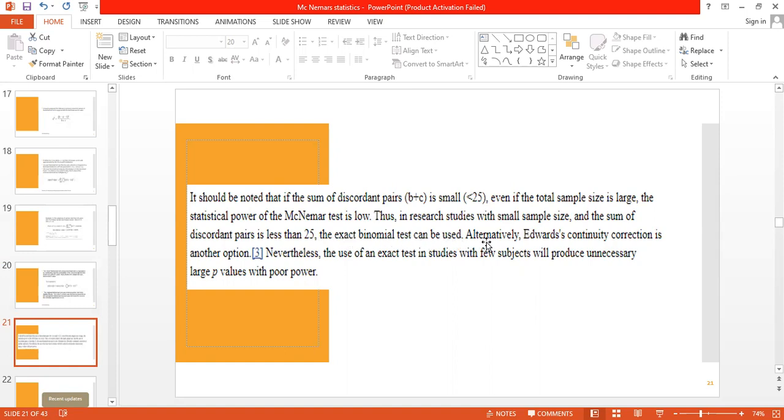Alternatively, the Edwards continuity correction is another option. Nevertheless, the use of an exact test in studies with few subjects will produce unnecessarily large p-values with poor power. So this is the reason we use different versions of the McNemar test, which are the exact p-value, the mid p-value, or the continuity correction.